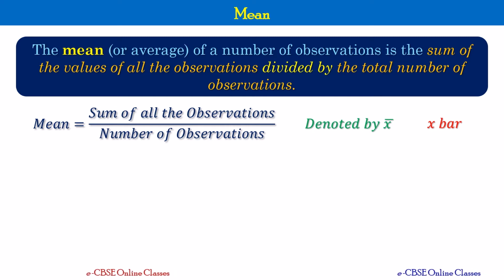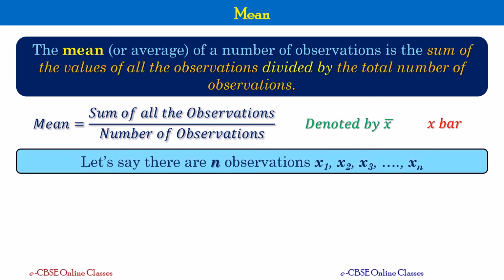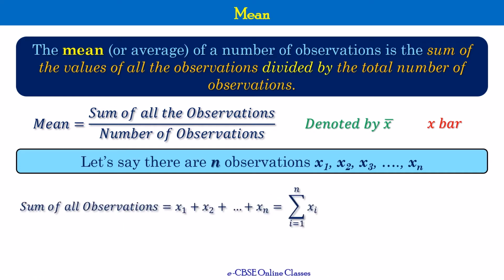So if you have n number of observations denoted by x1, x2, x3 and so on xn, what you can write is sum of all observations is x1 plus x2 plus x3 and so on xn. In the short notation, you write this as summation of xi, i running from 1 to n. Okay, here i is the index.